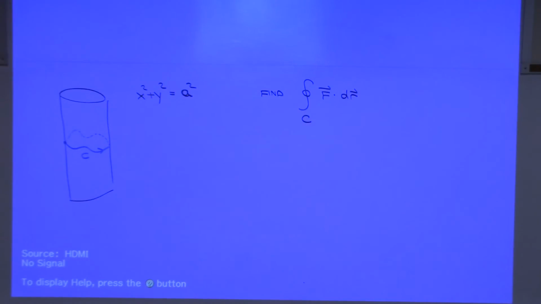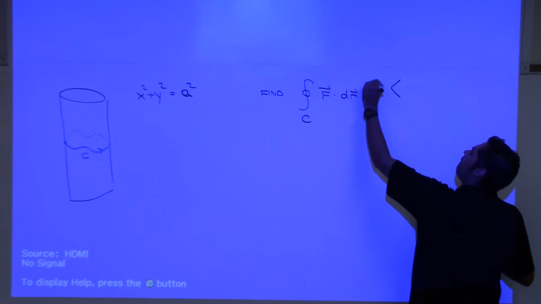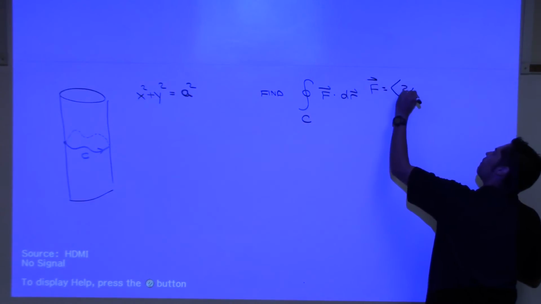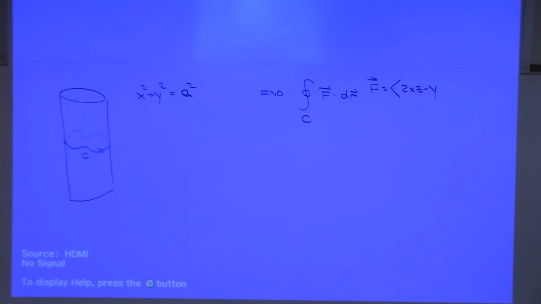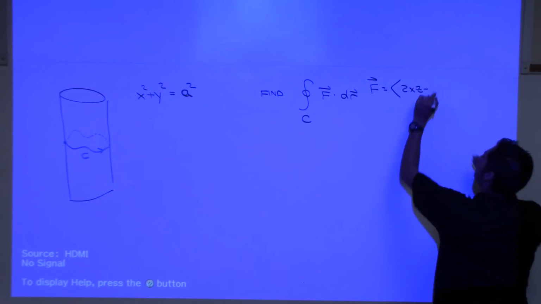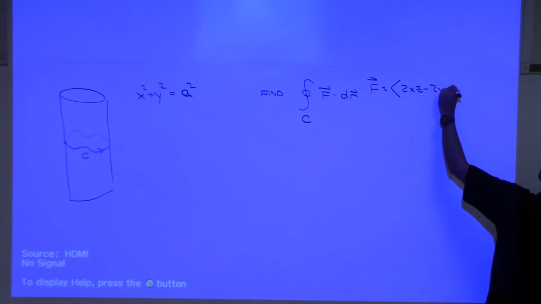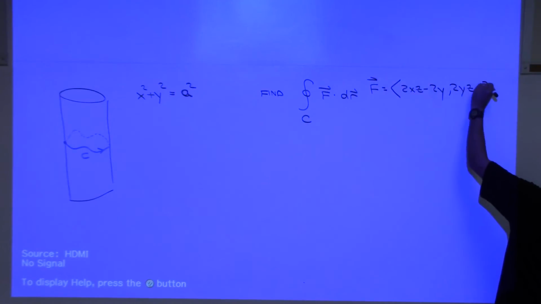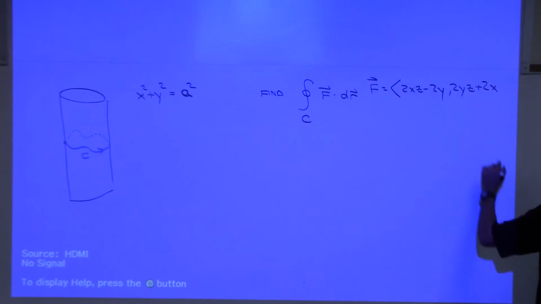Okay, you ready? I'm going to give you the vector field. 2xz minus 2y, 2yz plus 2x, x squared plus y squared plus z squared.